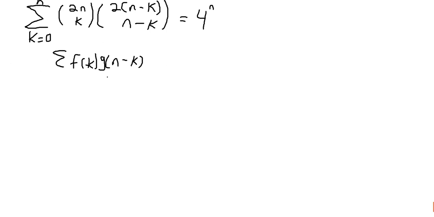And we showed that this actually gave us the nth term of a polynomial, say p of x. And this polynomial was the product of the generating functions for f and for g.